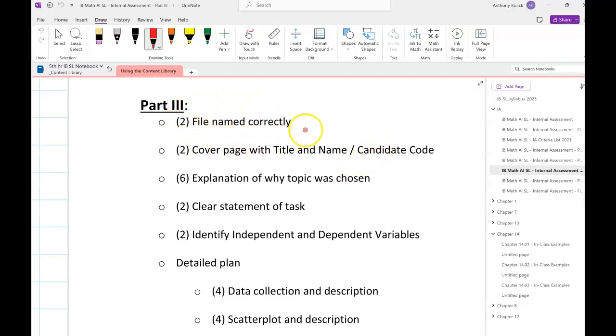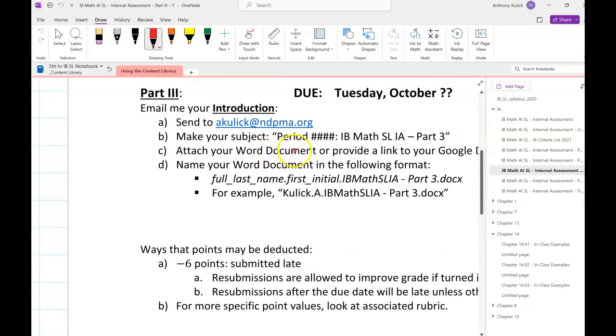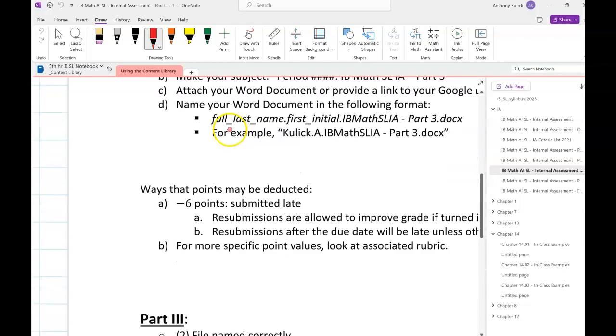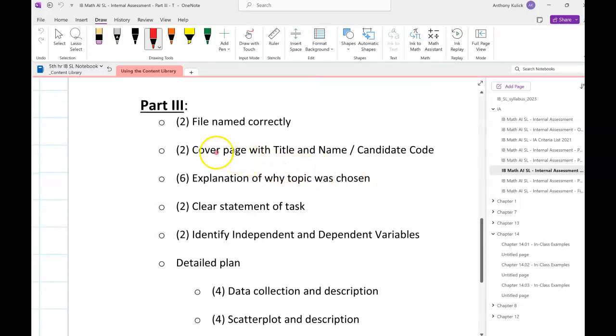So again, you need your name correctly formatted for the way you want to save your file, right? You need a cover page with your candidate code.